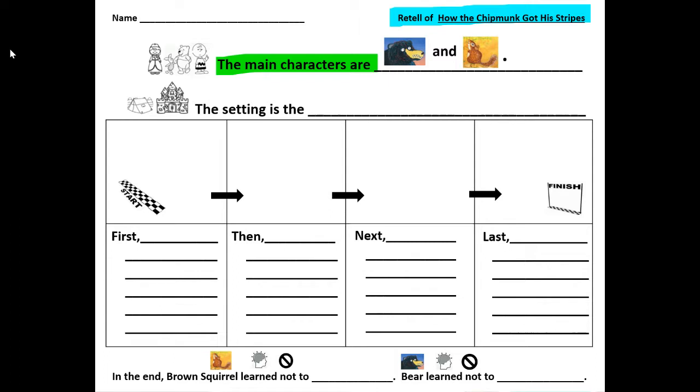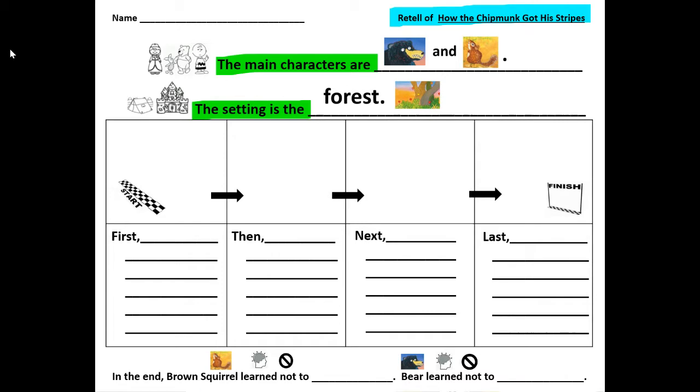There were the other animals, but the main characters are Brown Bear and Brown Squirrel. The setting is, where does the story take place? The setting is the forest.